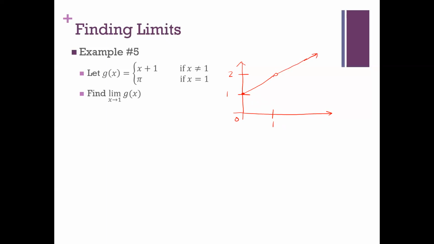Then that line is straight. So I got a discontinuity here. And when x equals 1, I have the function equal to pi. So there's what the graph looks like. Does the graph change any of your thinking about what the limit might be?